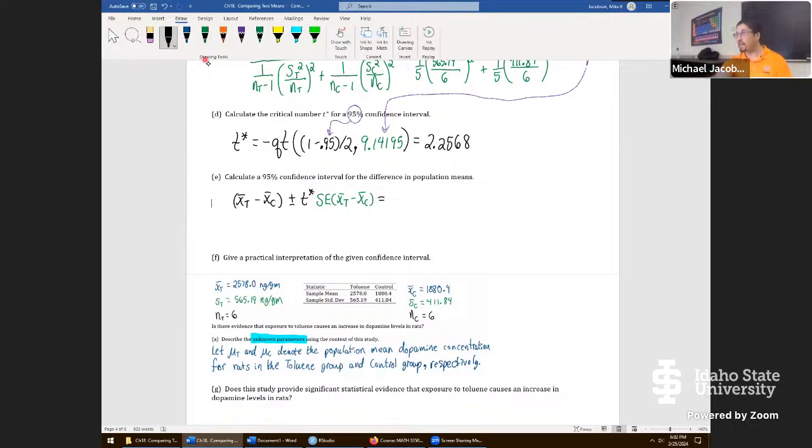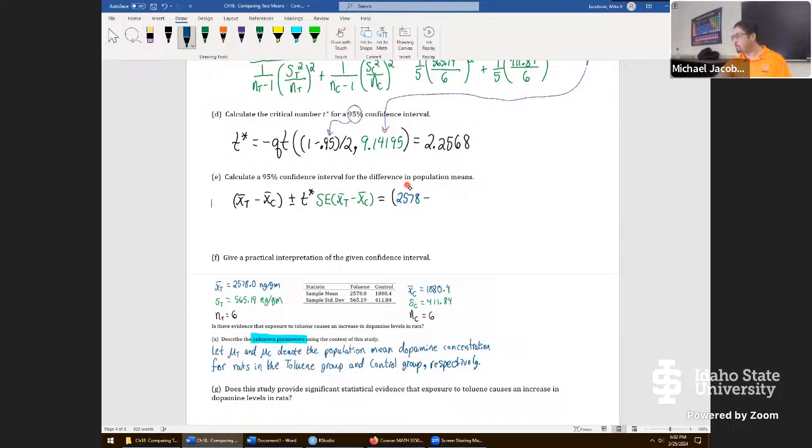So plugging all that in, we're going in order as well. That's one thing that's easy to make a mistake on here. If you started with the treatment group, whether you call it x bar 1 or x bar 2, you have to be really consistent in how we plug these in. A switch right here is going to give us a weird result. So first, for the treatment group, it's 2578.